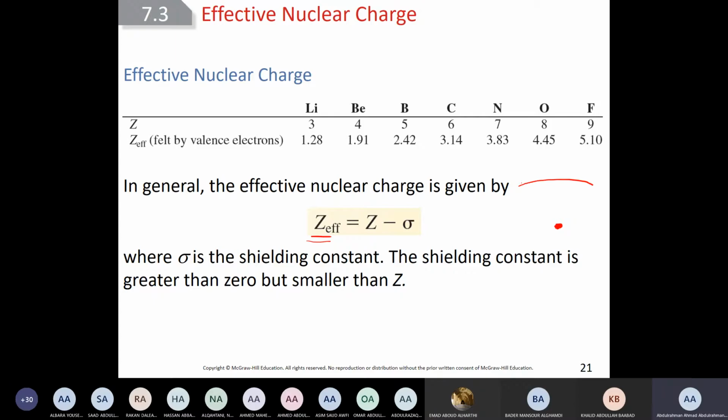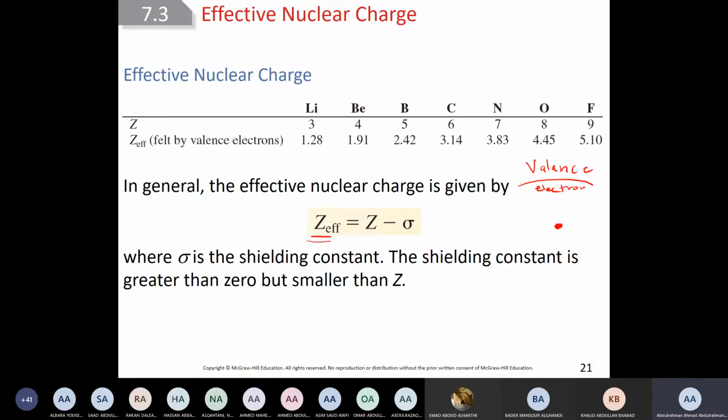So this is the valence electron. Oh, sorry, not molecule, but electron. Valence electron, and what's the effect of the nucleus on this valence electron?